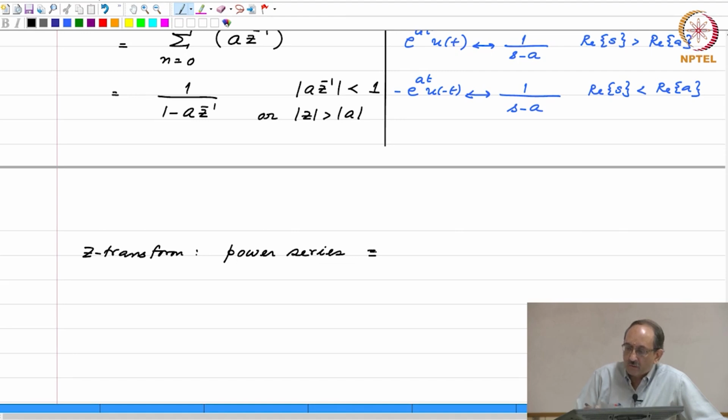So, typically power series will have an algebraic expression plus RoC.